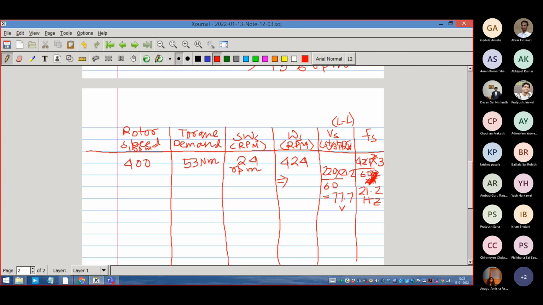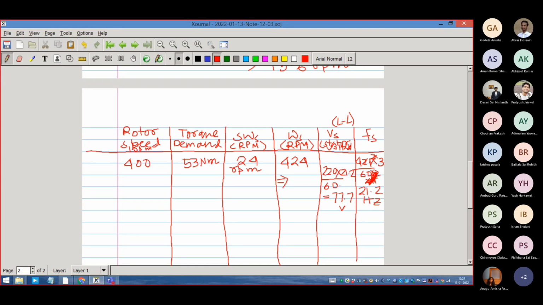It is nothing but 424 divided by 60 into the number of pole pairs. And since it is running at 21.2 hertz, the line to line voltage that you need to produce under such situation is scaled by the original frequency of 60 hertz. This 60 corresponds to 60 hertz. So 220 by 60 into 21.2, so that our V by F ratio remains unchanged.